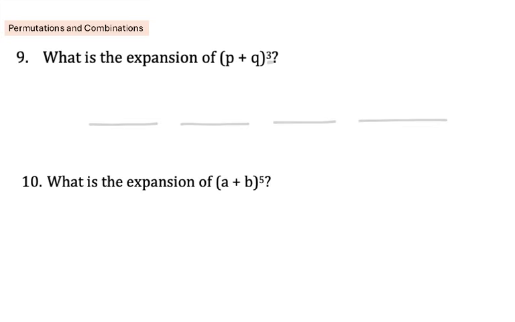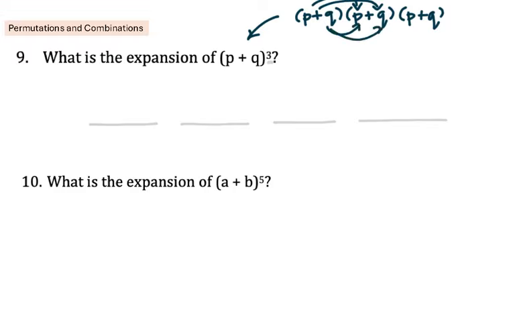And again, the reason we're doing this is because if we did it the long way, p plus q times p plus q times p plus q, it would be very time consuming to do all the different multiplications that we have to do. And then after we did that, we'd have to do the same set of multiplications the third time. It takes a very long time. So instead, it follows a very nice pattern. So what we'll do first is we'll say there's 4 terms because it's to the power 3. And we look at the first term, p.